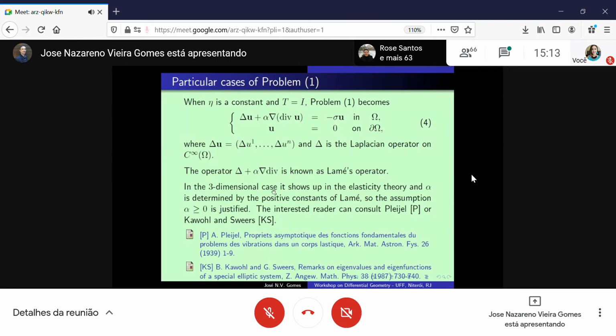In the three-dimensional case, it shows up in elasticity theory, and alpha is determined by the Poisson constant. So the assumption on alpha is justified. The interested reader can consult these two papers for more details about this operator.